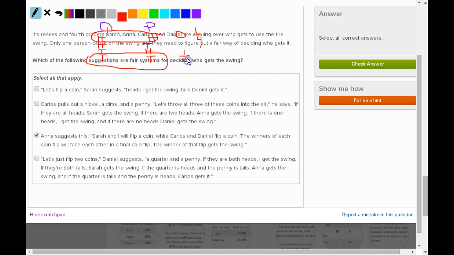So Sarah also gets 1 out of 4. If the quarter is heads and the penny is tails, Anna, so here we go with Anna over here, she gets 1 of the 4 outcomes. And if the quarter is tails and the penny is heads, that's Carlos.